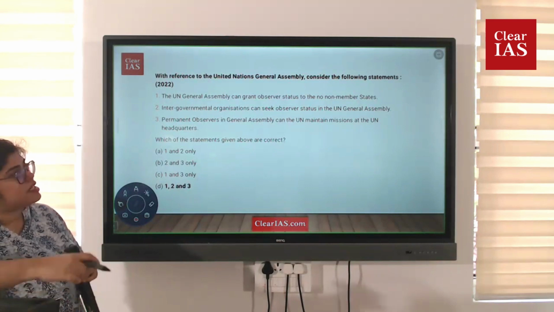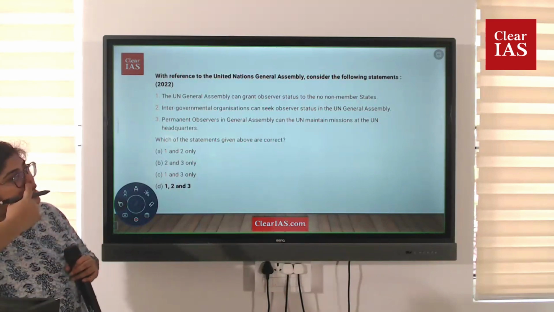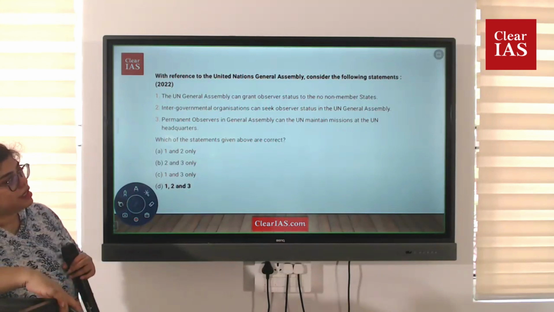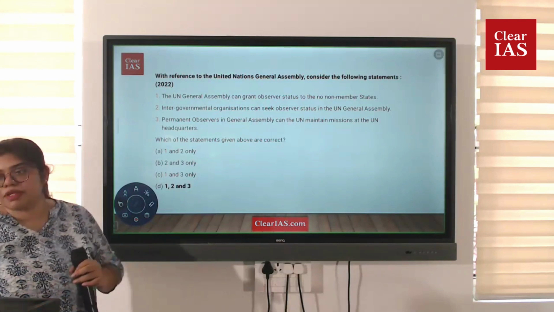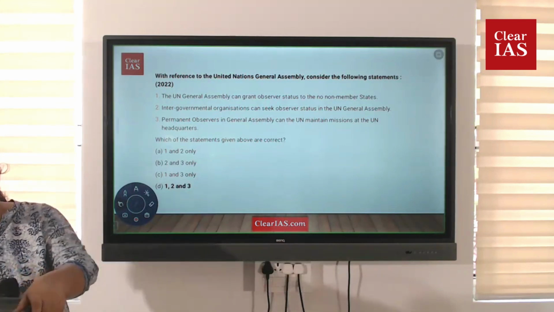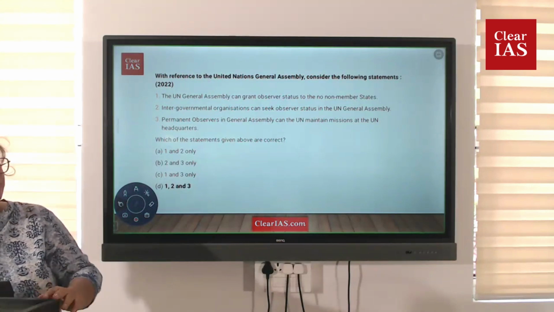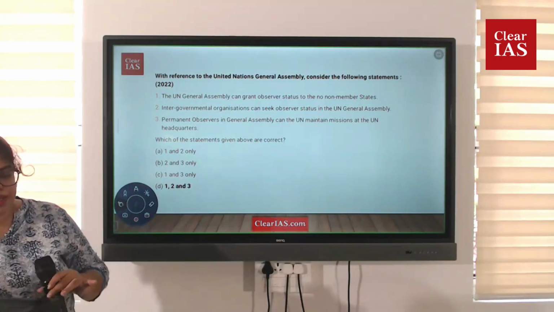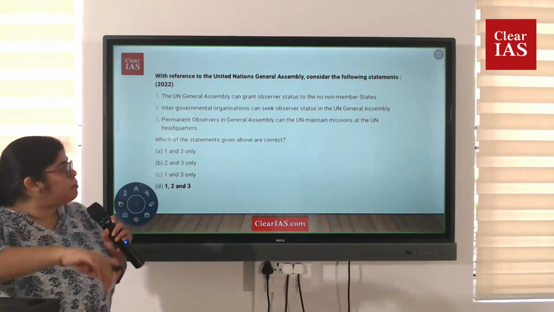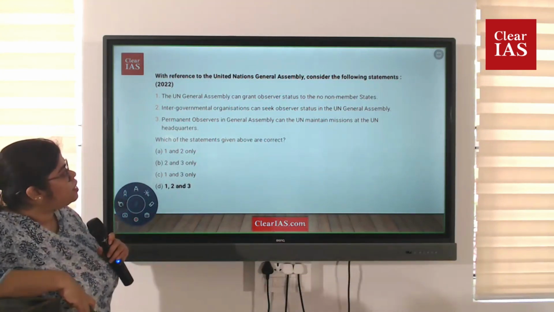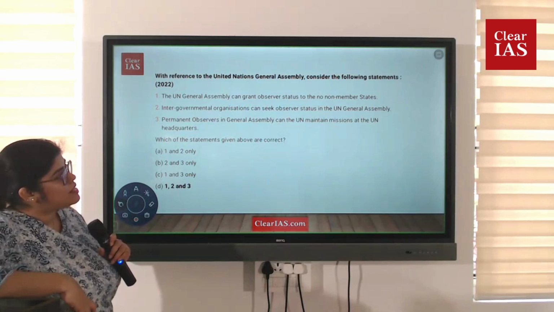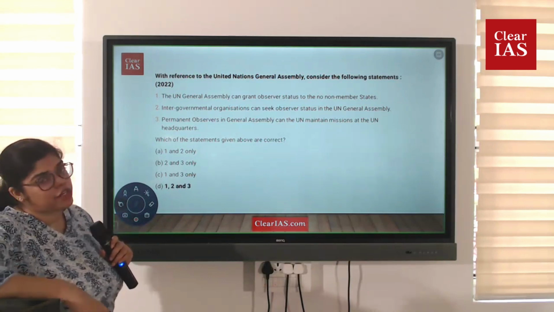Permanent observers in the General Assembly can maintain missions at UN headquarters. Okay, coming back. The third statement, permanent observers in the General Assembly can maintain missions at UN headquarters.